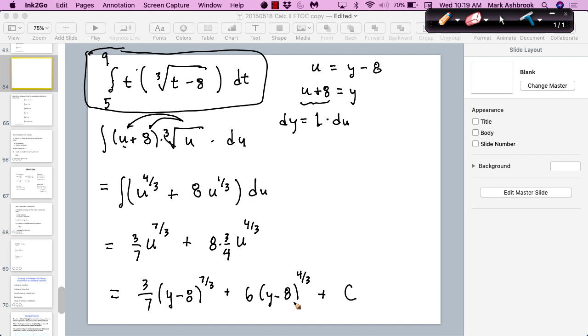I could come back down to here. I've got my net accumulation, or my closed form, and I would evaluate that thing at 9 and at 5 and subtract, and that would give me a number, and that number would be the net accumulation from 5 to 9 accumulating at this rate. Okay, but what else could I do? So I could come here instead.